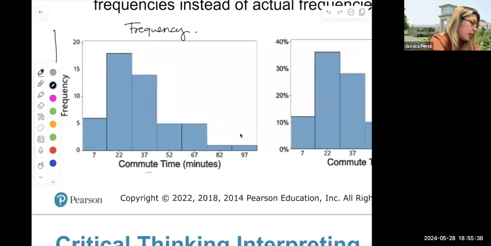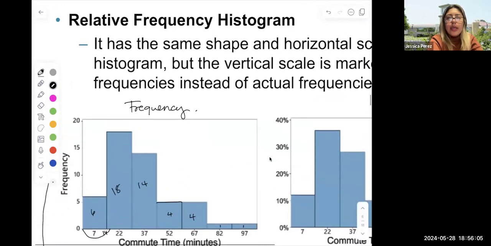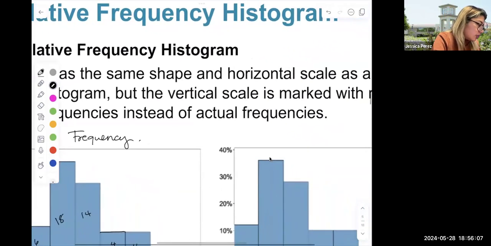And then the frequency, how many did we have? From 0 to 14, there were 6 of these. And then from 15 to 29, how many did we have? I think it was 18. And then it looks like 14. And then this one looks like 4. And then 1 and 1, right? Which one's this one? What did we have for the other one?